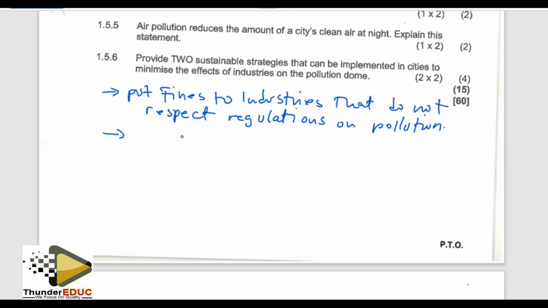I could also say to carry out industrial decentralization, so that industries are moved away to other areas.